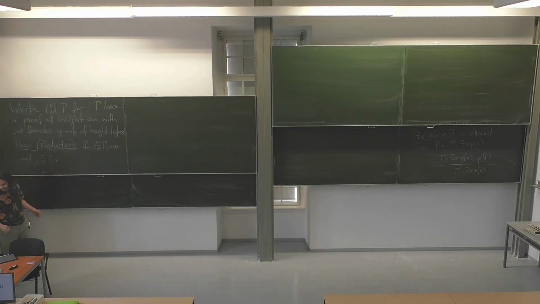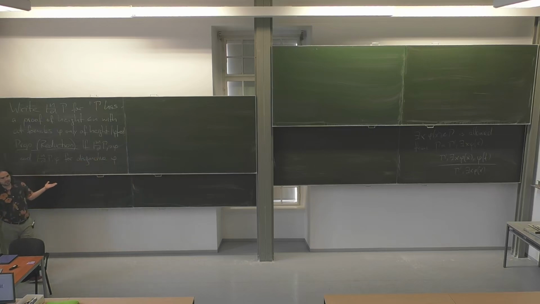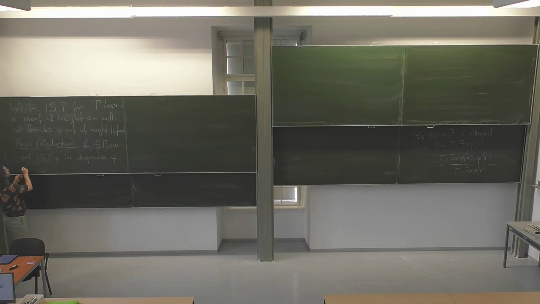So we've proved phi and its negation, and let's say that phi is disjunctive. So that means that phi starts with an existential quantifier, or the outermost connective is a disjunction, or maybe phi could also be atomic. You could also admit that at this point here. And you want to assume that the height of phi is less than or equal to d. And the conclusion is that then you can get a proof of height m plus n.